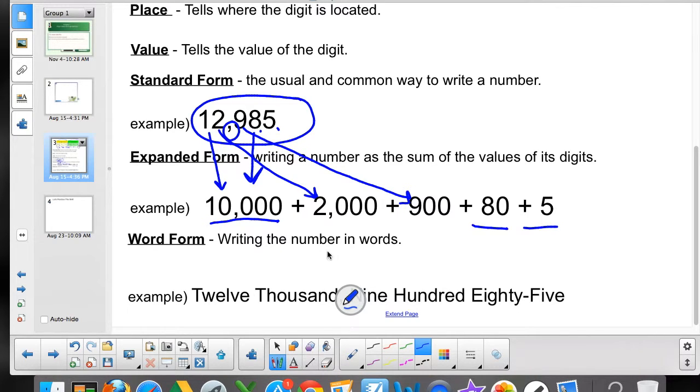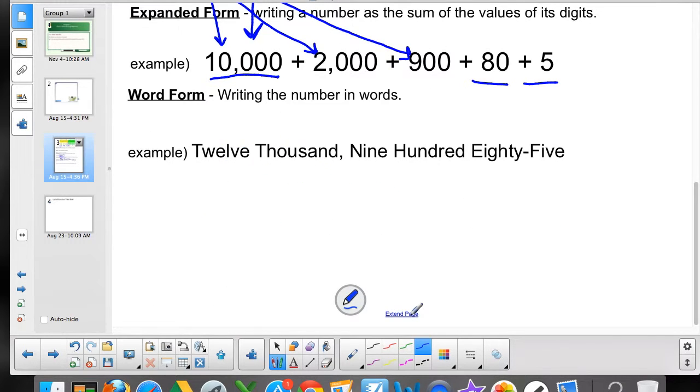When we talk about word form, we're writing the number in words. For example, 12,000 is separated again by a comma, 985.